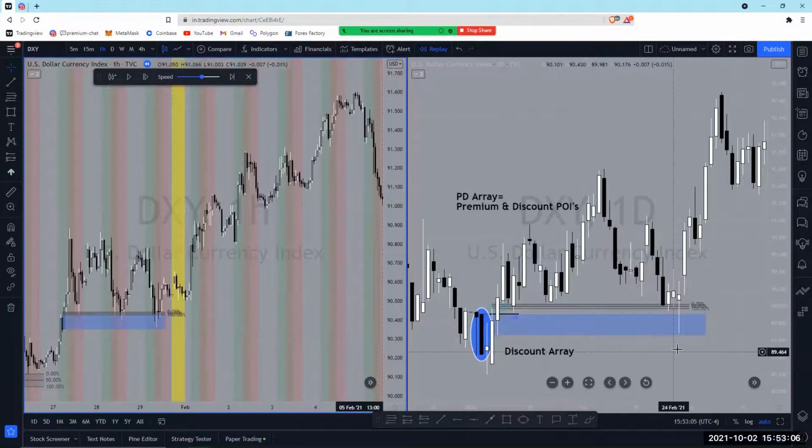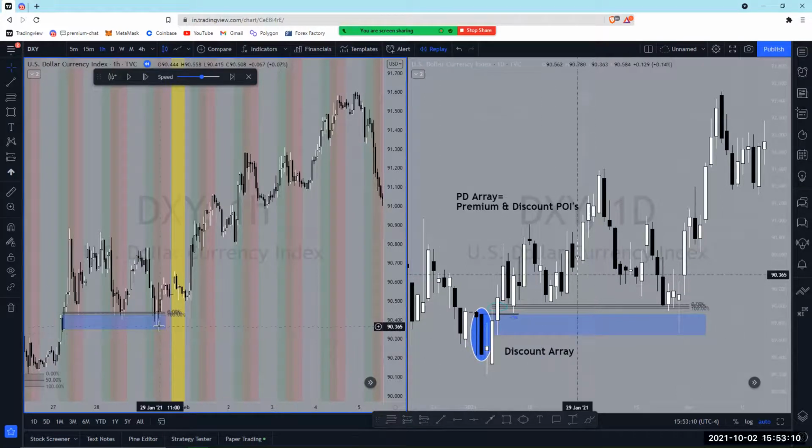So that was this price action along in here.